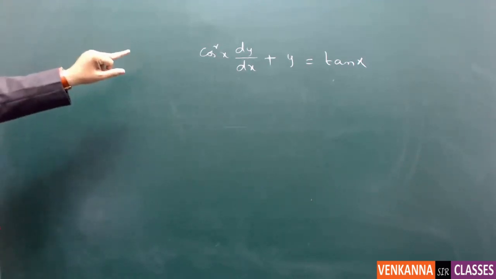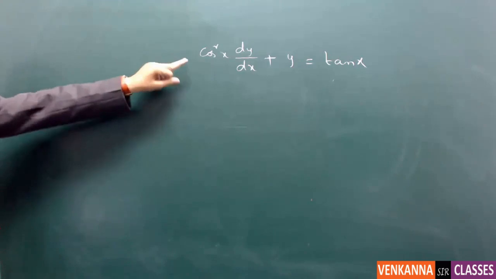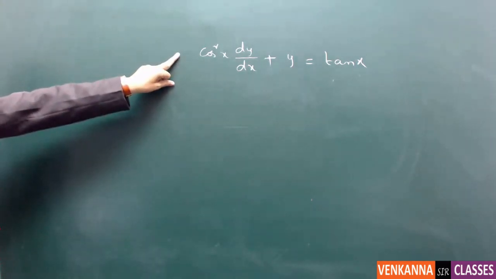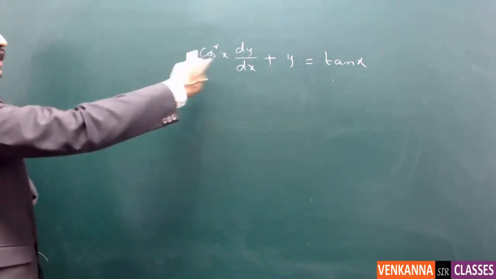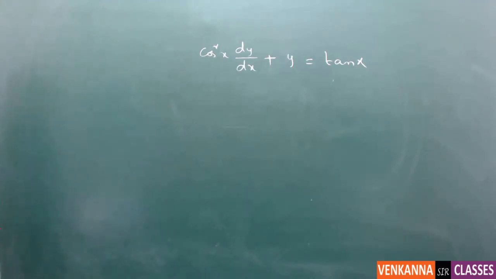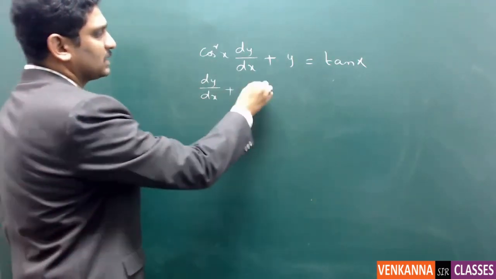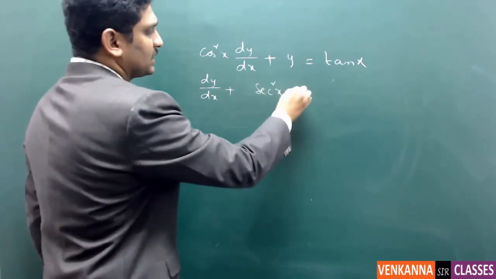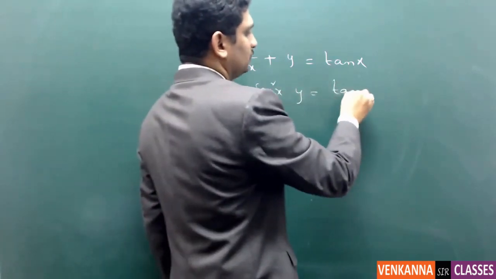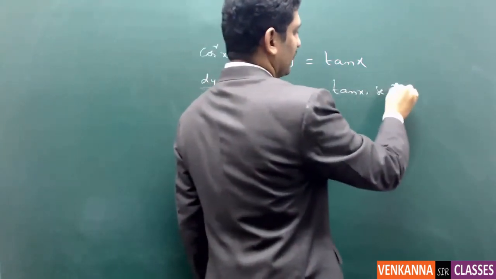So in order to convert that into the standard form described earlier, divide the total equation by cos square x. Then dy by dx plus secant square x into y equals tan x into secant square x.